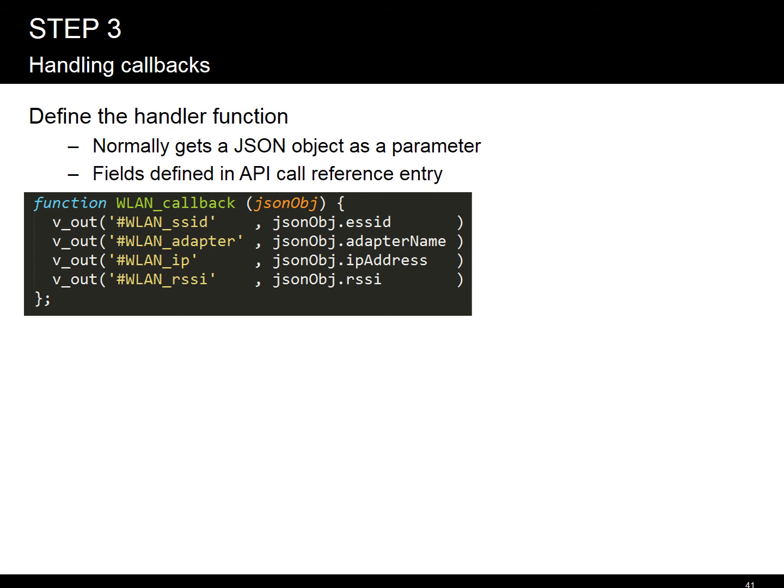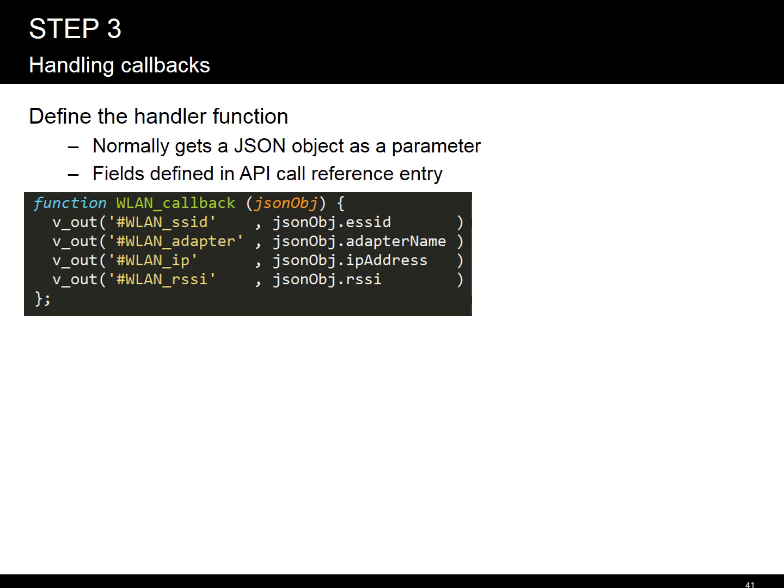For example, here's the callback for eb.signalindicators.wlan_status(), API call. As you can see, we simply output certain fields from the object here. By the way, there are more fields. Be sure to check the API reference.